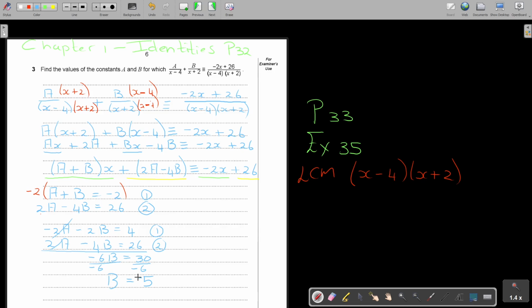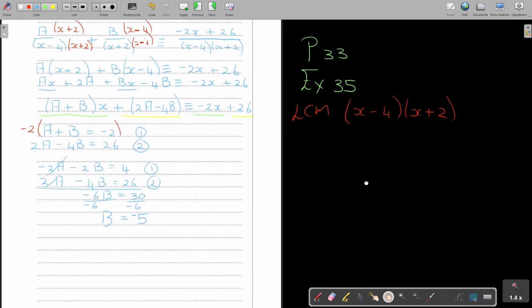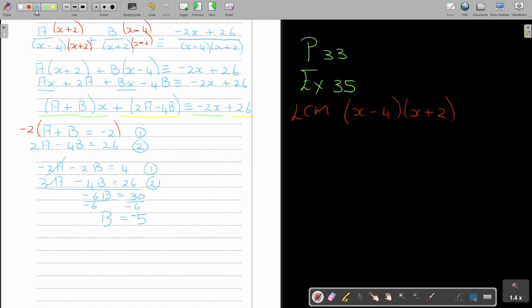Okay, and now I'm just getting my other value. So I'm taking any of the equations. It's good to take the unchanged one, which was equation 1. Otherwise, you could have used any one. And then I'm just going to say a minus b is equal to negative 2.